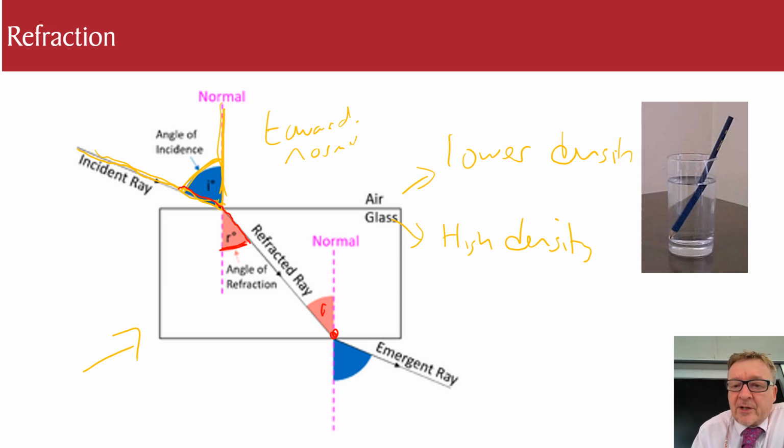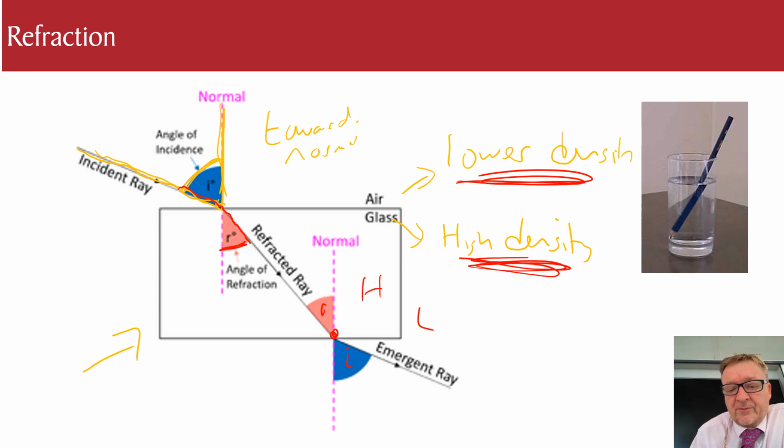And because it's now going from higher density to lower density as it goes out, it emerges, and the angle of incidence here is then exactly the same as it was. So it goes from high density to low density, it then turns away from the normal, and that is then the emergent ray. But you've also got to notice, right, that line there and that line there, so the ray going in and the ray coming out are parallel.